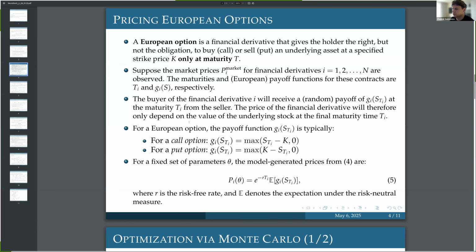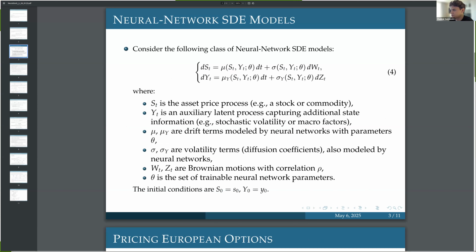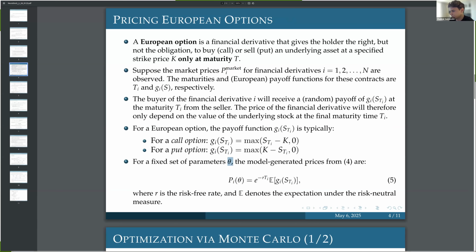For your option, you can see the formula for the payoff function. It's how much you would get if you exercise or do not exercise your option. For a fixed set of parameters theta from the neural network, the model-generated prices from this stochastic equation would be like in formula number 5.